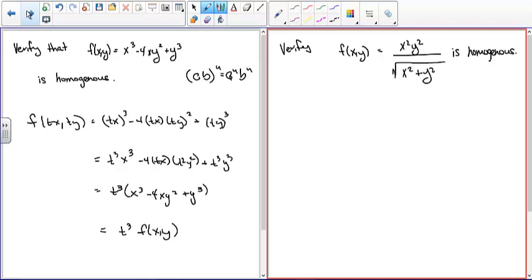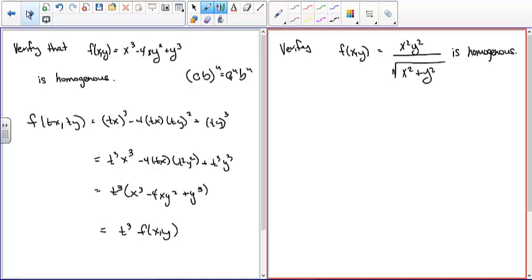Again, from a unit standpoint, the only things that have to have the same units would be x and y. You have x squared and y squared in the denominator. You have to add those together to be compatible from a unit standpoint. That would be one way to look at it.